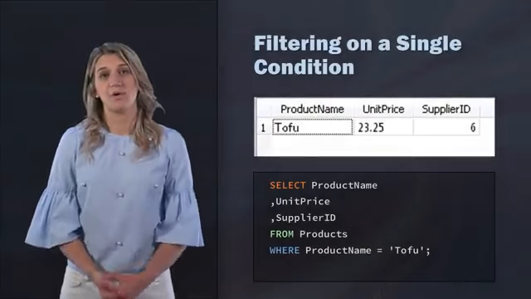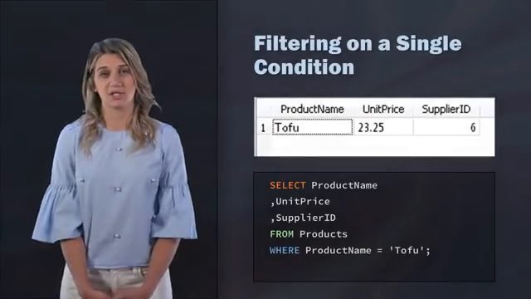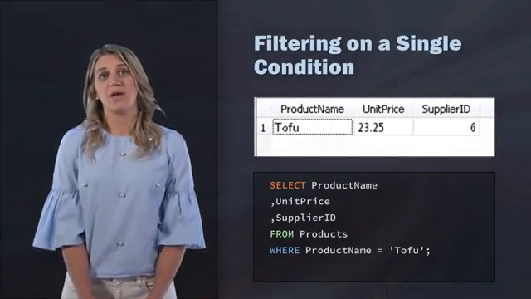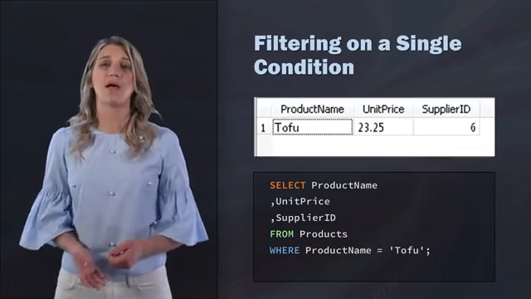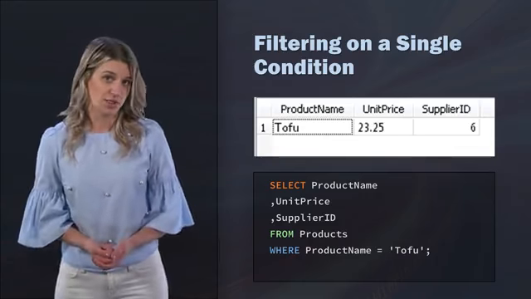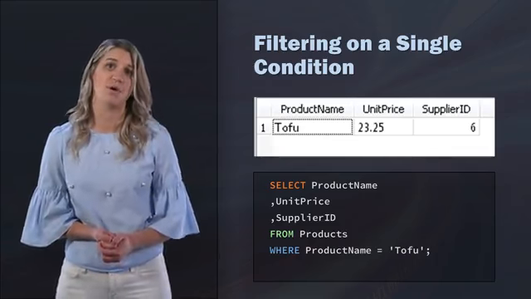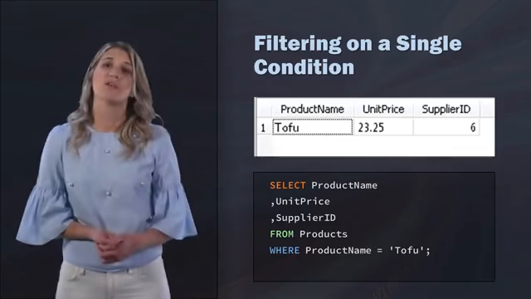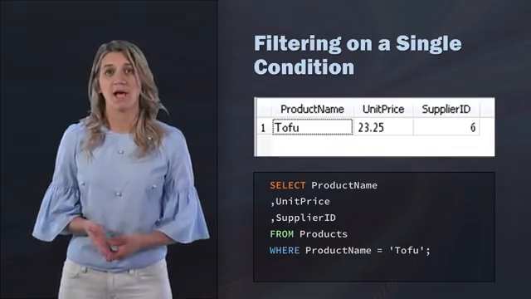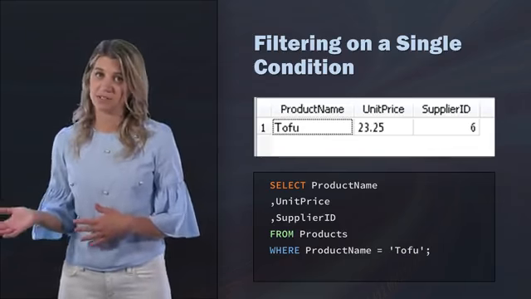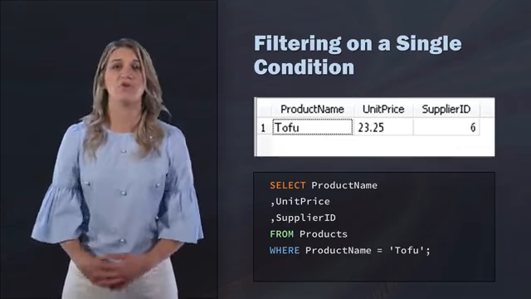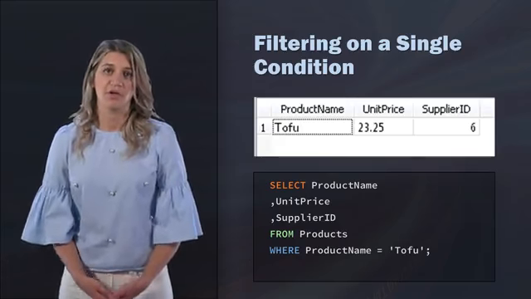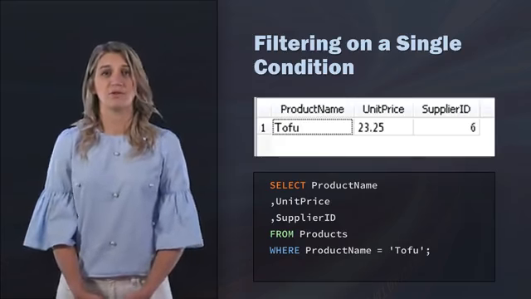In the first example, we're going to filter just on a single condition. For this, again, we have select our product name, our unit price, and our supplier IDs, but we want to just look at the suppliers and the unit price for the product name tofu. So after the from, we're going to add where product name equals, and then we enter what we want it to equal. In this case, tofu is a string value, so we're going to put the string in single quotes.